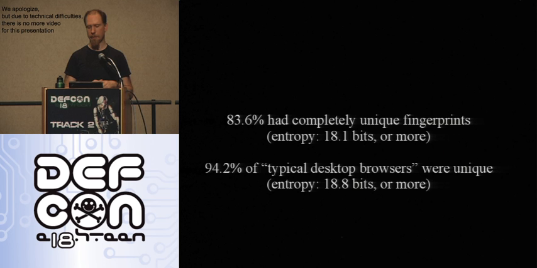If you split the data set up and look at just the browsers that have either Flash or Java installed, and that's the relevant set if you're talking about desktop browsers, your uniqueness rates go up to 94%, and only 1% have a fingerprint that we saw more than twice.